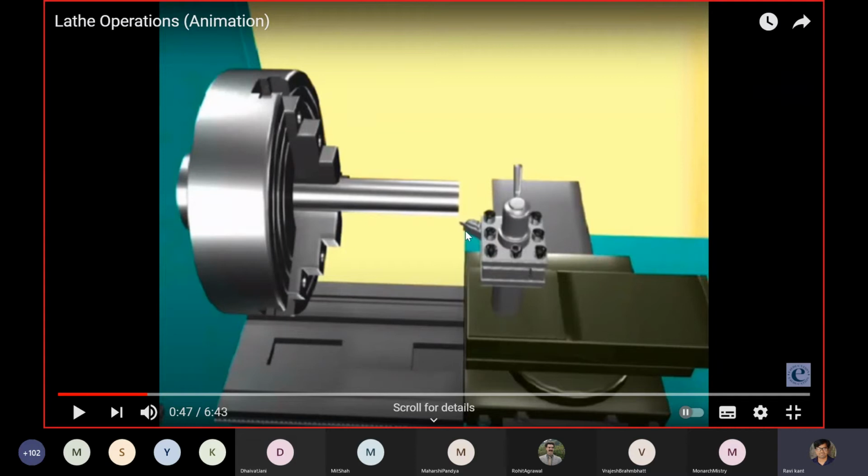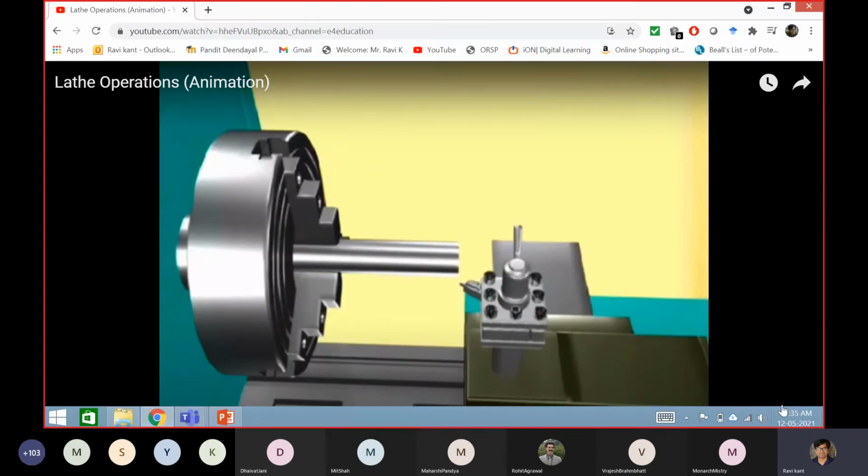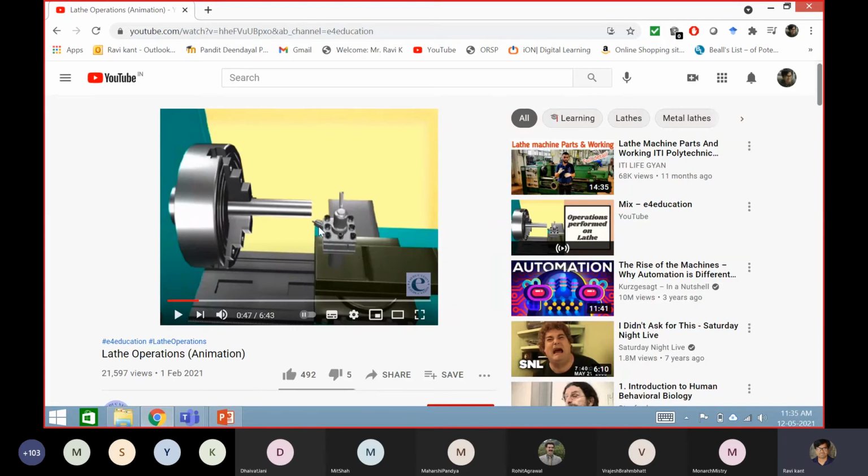The reason is that the cutting tool has higher hardness, it is tougher and harder. Obviously a knife is going to cut your apple only if the knife material is harder or tougher than the object you are going to cut. So don't be confused that this is made of the same material. This cutting tool is made of some other hard material, so that is why it is able to cut it.